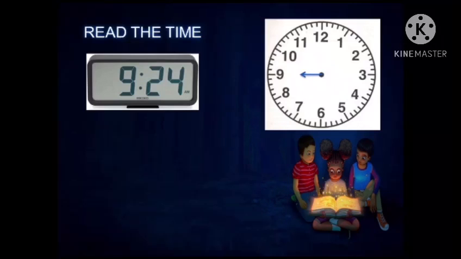Good. Now we move to the minute hand, which is 24. Each number represents 5 minutes, so first we go for 20: from 12 to 1 is 5 minutes, 1 to 2 is 10 minutes, 2 to 3 is 15 minutes, 3 to 4 is 20 minutes. So it will be 20 at the 4.